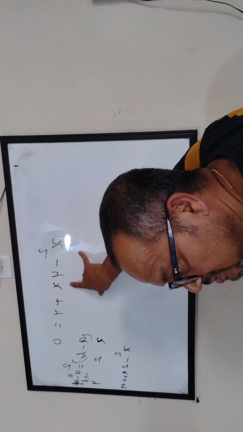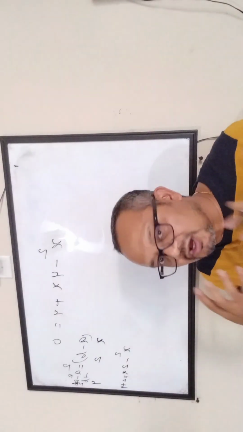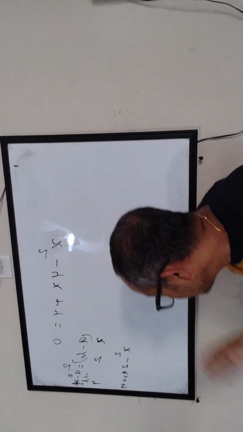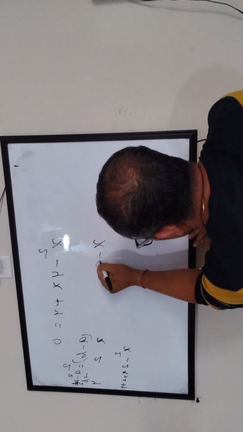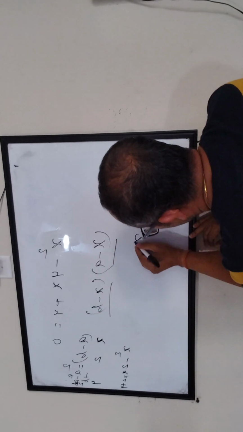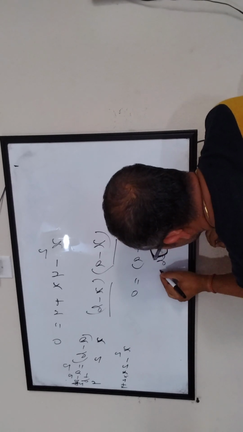It's the opposite of factoring. Basically, when you try solving a quadratic equation, your objective is to convert that to factors. If you convert this into factors like this, then you get two answers: x minus a equals 0 or x minus b equals 0.